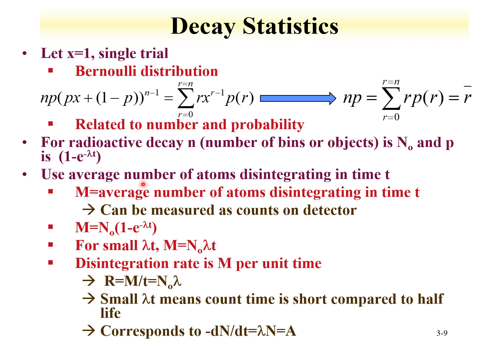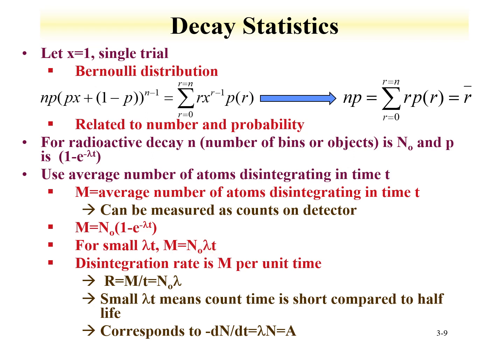We get this equation where the average number of atoms disintegrating is equal to n times 1 minus e to the minus lambda t. For a small term where the decay constant times time is small, we can just make this equation m equals n naught lambda t.